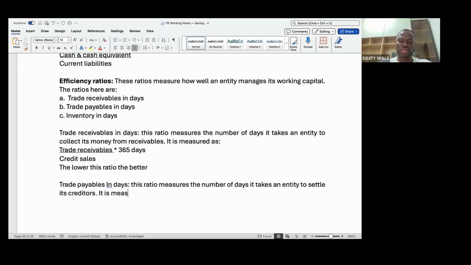And it is measured as trade payables all upon credit purchases or cost of sales multiplied by 365 days.